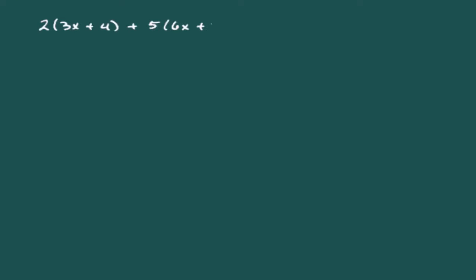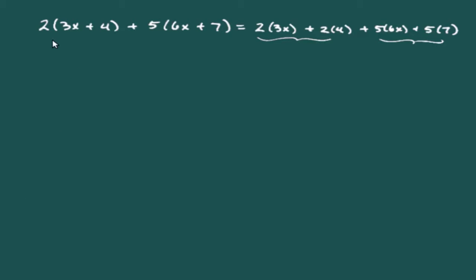And so if we do our simplification now, we start with 2 times the quantity 3x plus 4 and 5 times the quantity 6x plus 7. So the first thing that we're going to do is to apply the distributive property. And so we distribute the 2 across the first set of parentheses and the 5 across the second set of parentheses.